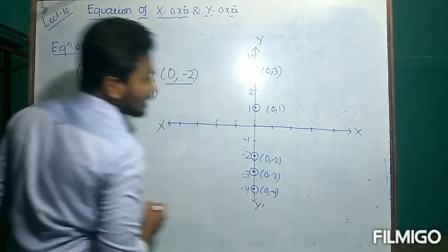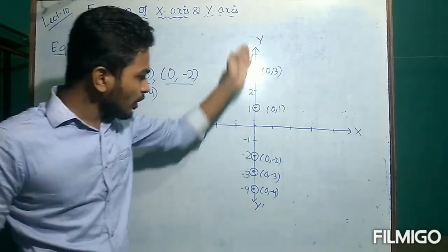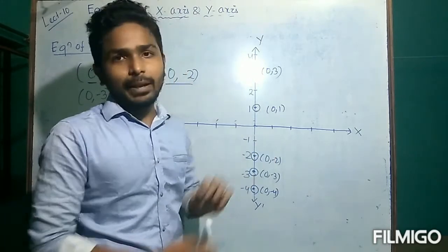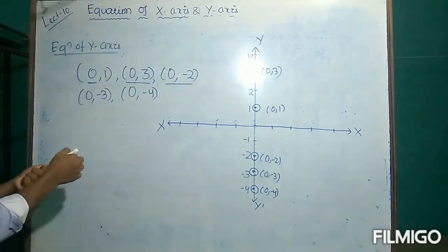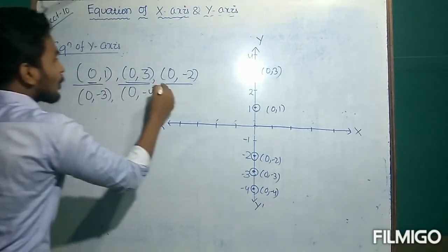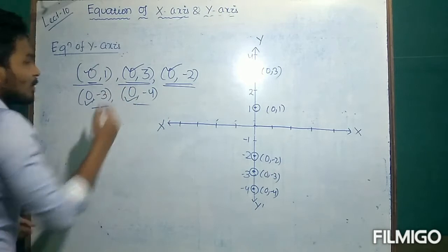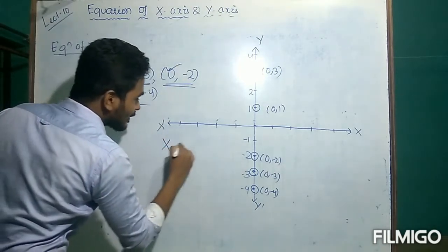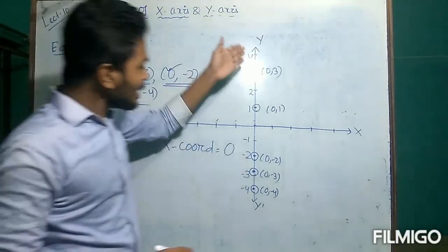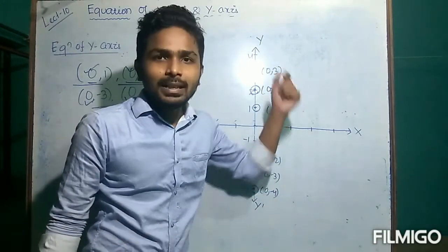Now all those points are represented on the Cartesian coordinate system and you see that all of them lie on the y-axis. That means there is a similarity among all these 5 points. What is the most important similarity? In all these points, which coordinate is 0? The x coordinate is 0. If you take any point on the y-axis, you get the x coordinate to be 0.